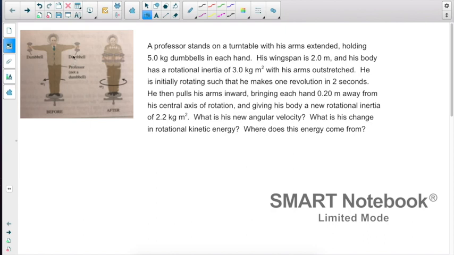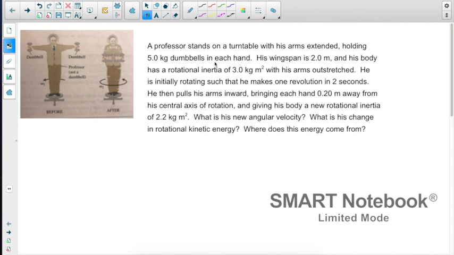And he's rotating with some initial rotational velocity. He pulls the dumbbells inward, and we want to know what is his new angular velocity. And we want to see if his rotational kinetic energy changes, and if it does change, where did that work come from? Where did that energy come from?